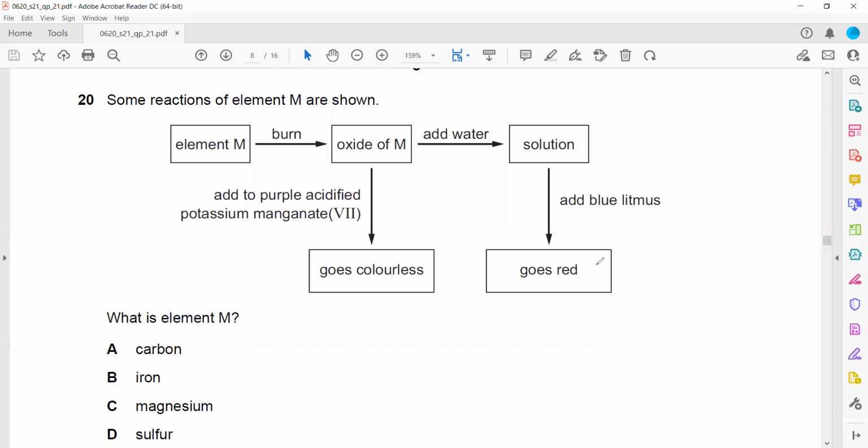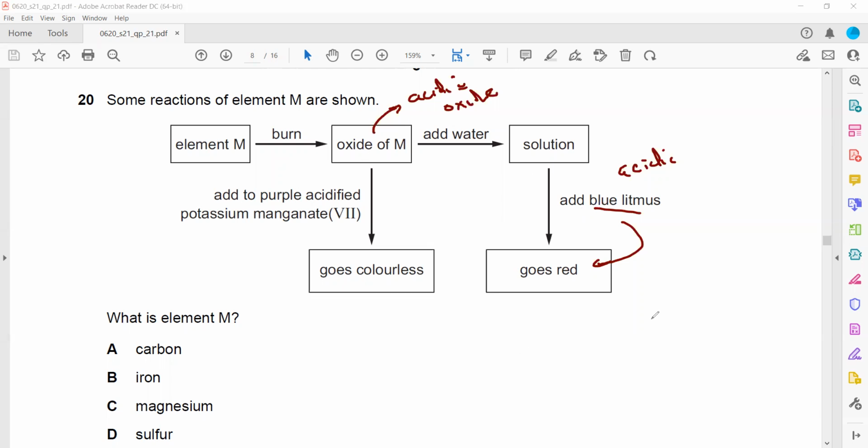If blue litmus goes red, it means this is an acidic oxide or acidic substance. Because when we mix an acidic oxide with water, it makes an acidic solution, and an acidic solution turns blue litmus red. A blue indicator turning red gives an idea that this is an acidic oxide.